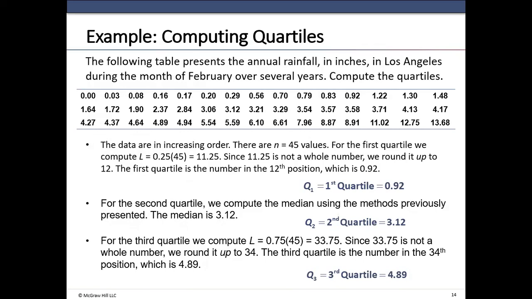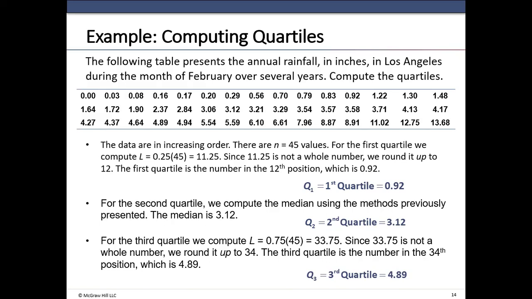In list 1, we will enter the data, which is 0, 0, then 0.03, then 0.08, then 0.16, then 0.17, then 0.2, then 0.29, then 0.56, then 0.7, then 0.79, then 0.83, then 0.92, 1.22, 1.3, and 1.48 in the first row.